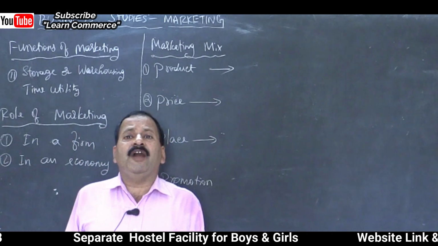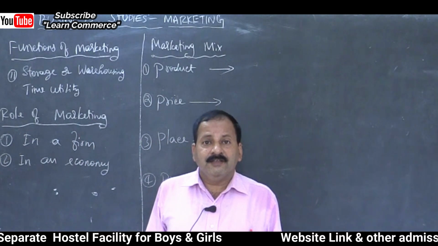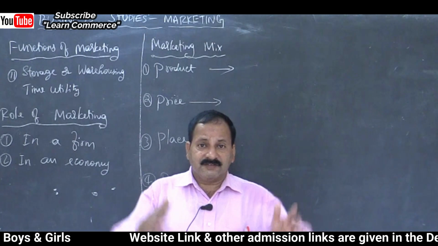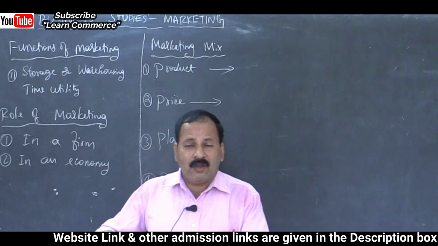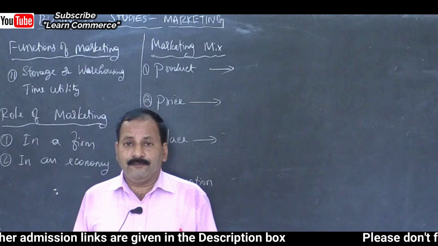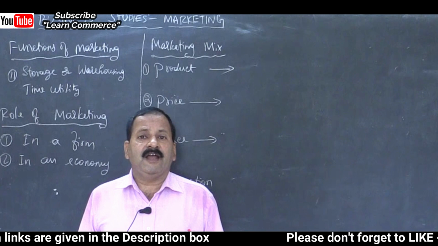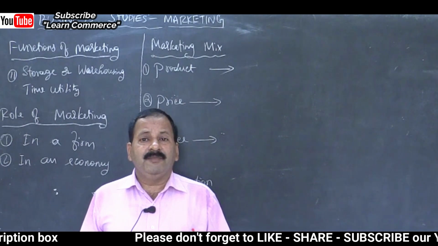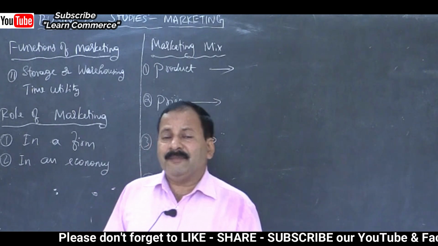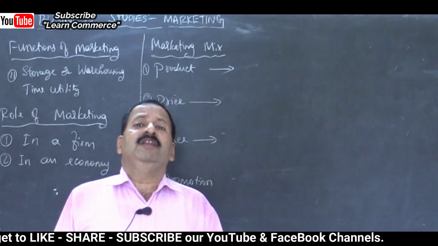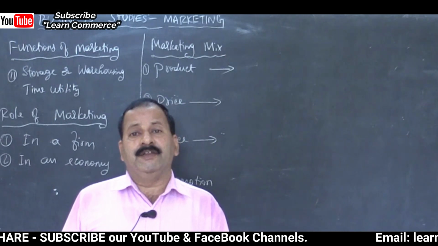There we have to do a number of functions like grading, sorting, packing, labeling, from big gunny bags to small bags, maybe 5 kg, 10 kg, 50 kg. Like that, we will pack them into smaller lots, because as per the requirement of the retailer or the consumer, the retailer will place orders.